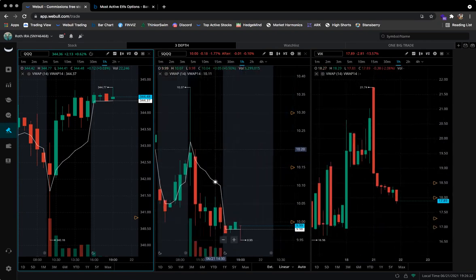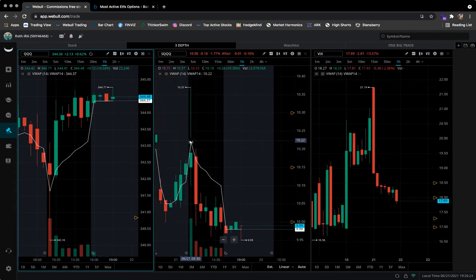So what we're seeing here is that if the SQQQ is going up, then that means this is going down. So for the moment that when we open the market and the volatility was high, this was up, right? Because the SQQQ is the short ETF, which means you're betting against this, right? So these are inverses of each other. If this is being supported, this cannot be supported, okay?